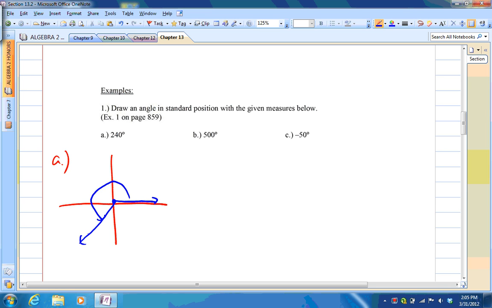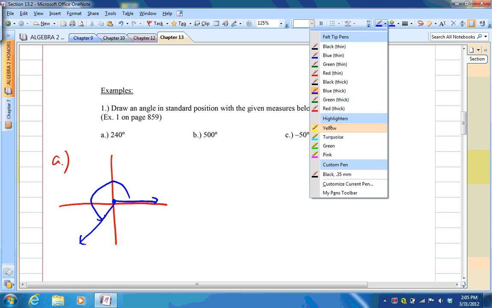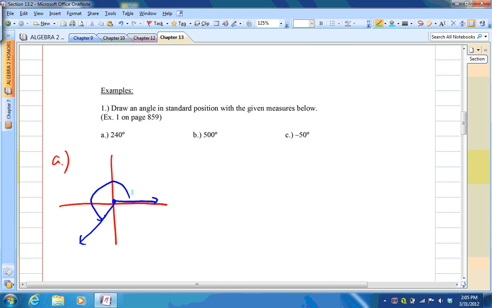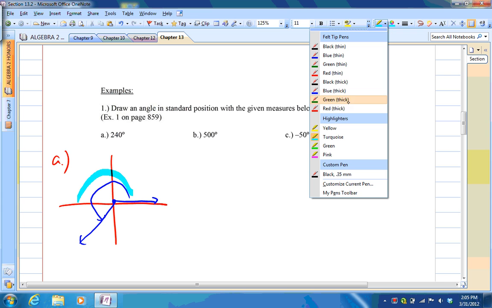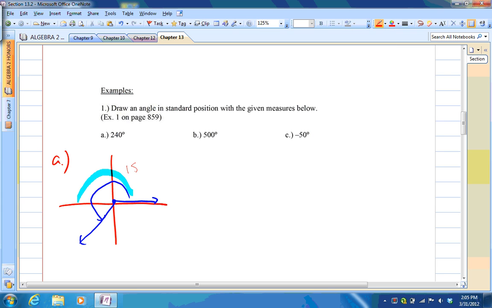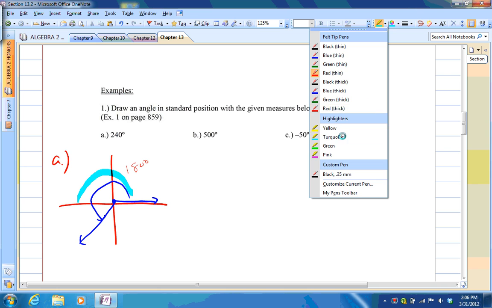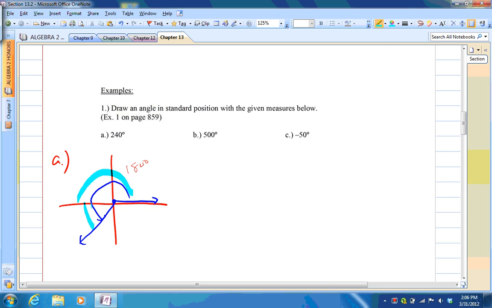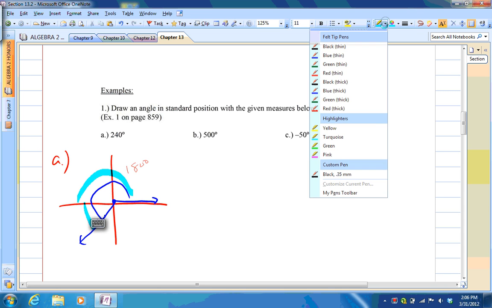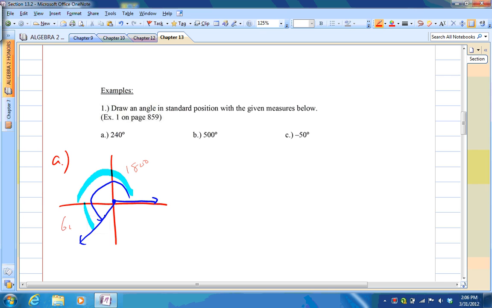That's how it looks. Because clearly, that part was 180 degrees. And this part was 60 degrees. So therefore we get 240.